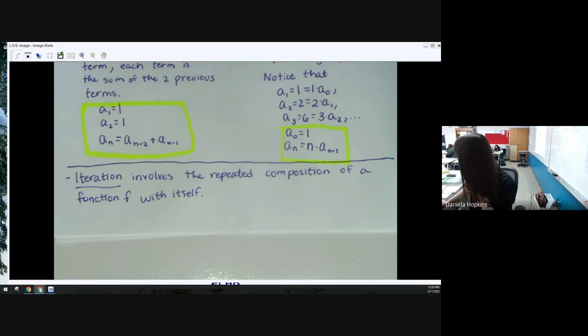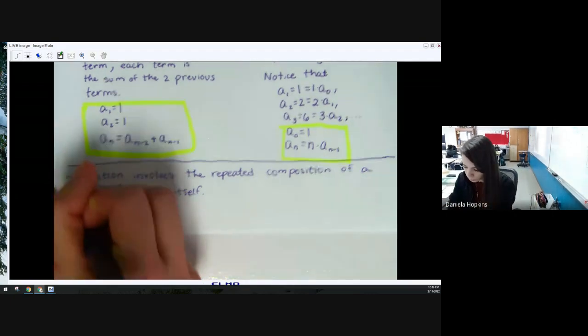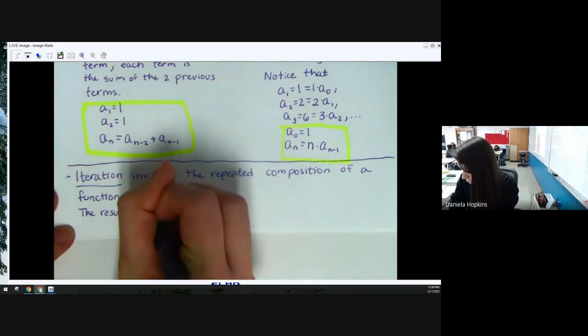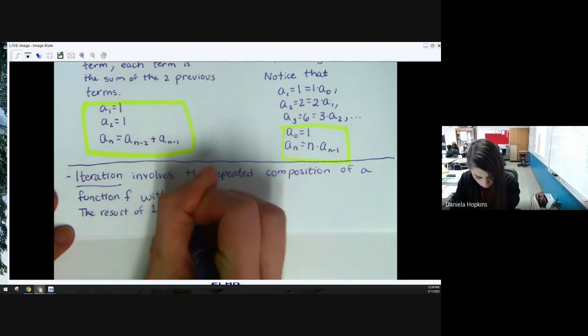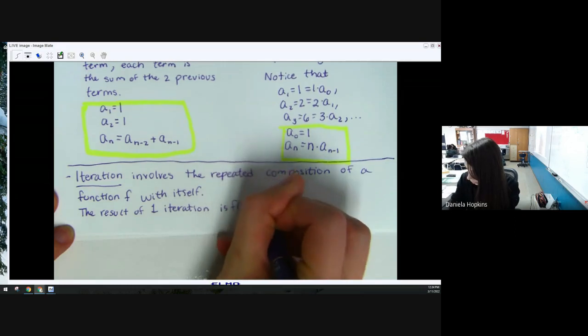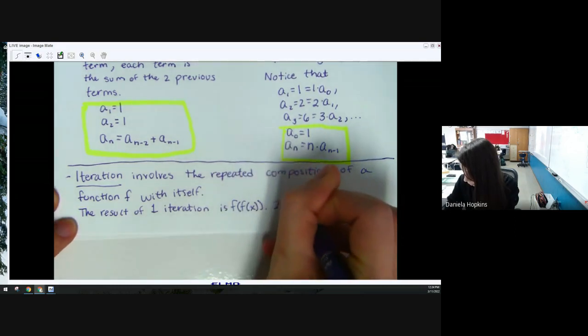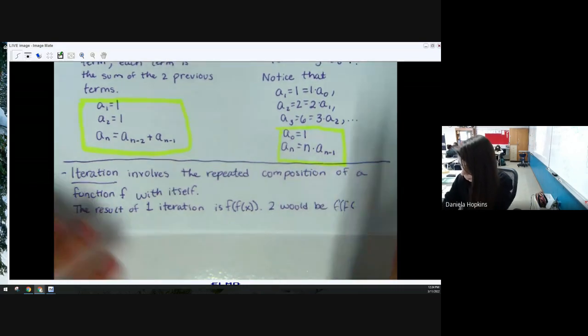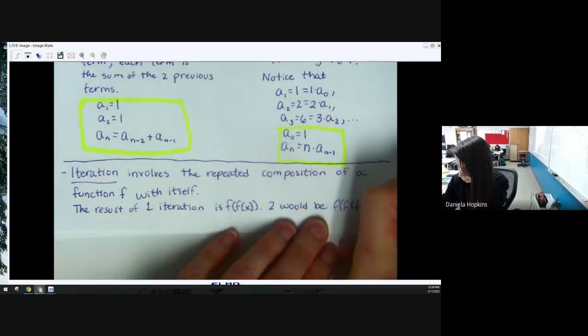So way back in chapter 3, before I was ever here, you all did function composition. That was the f of g of x or whatever, or g of h of x. Iteration allows us to do that as well. So basically the result of one iteration is f of x. 2 iterations would be f of f of x.